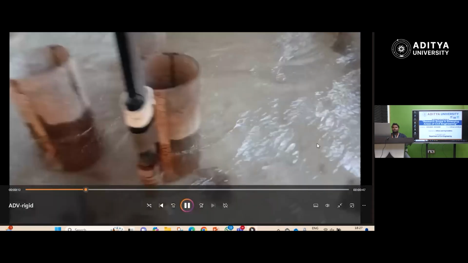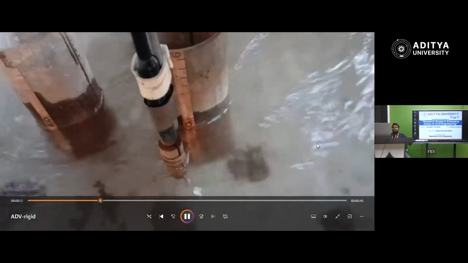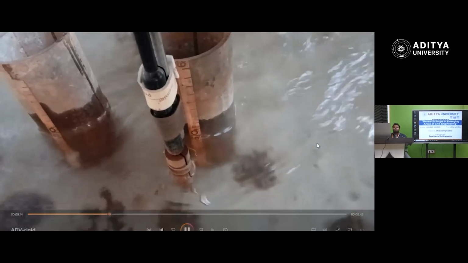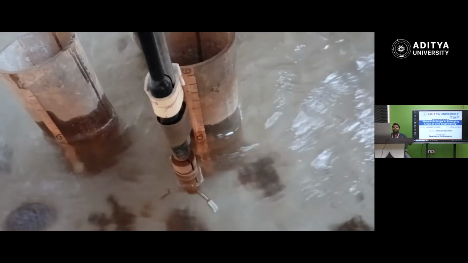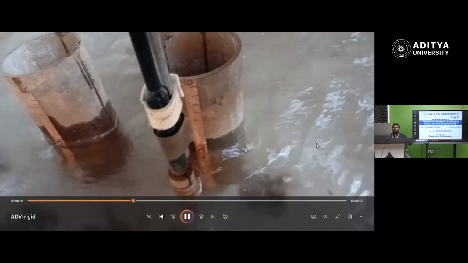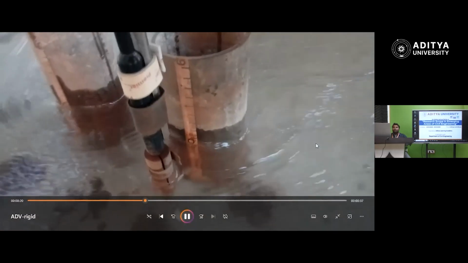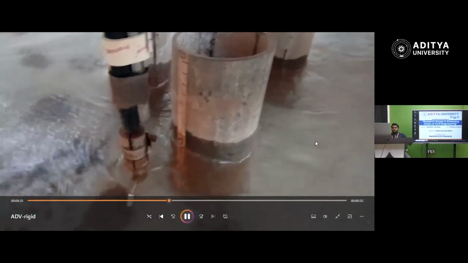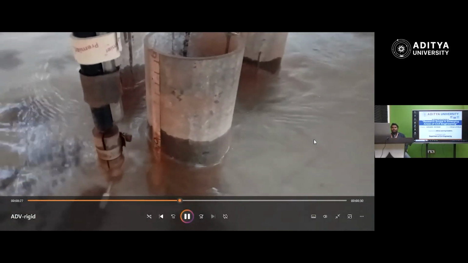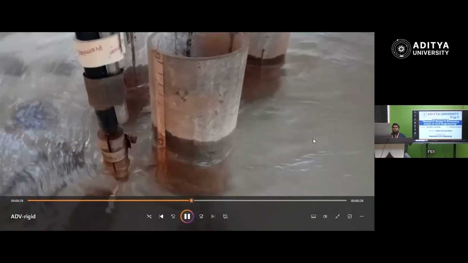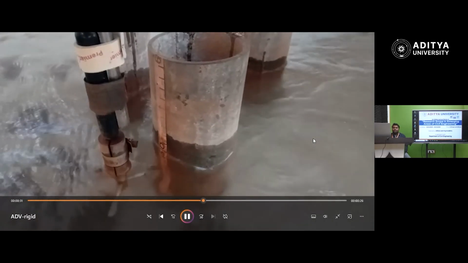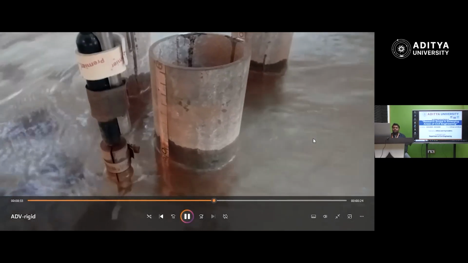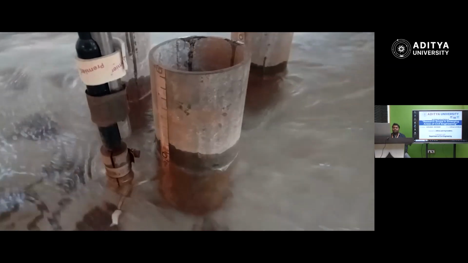Yeah, these are the staggered arrangement experiments. So this is the ADV, which is near the pier, and this is how I collected the data. I'm showing one sample video here. Three probes detect three directional velocities. The center one sends a signal.